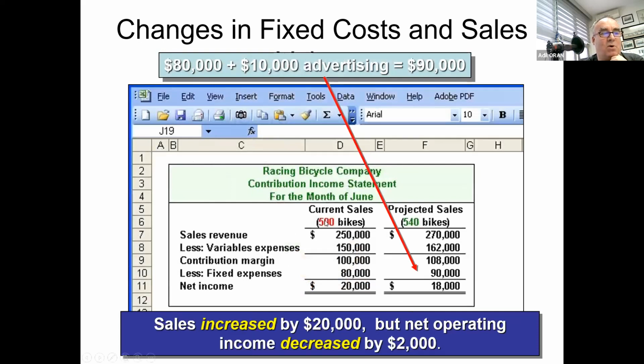So sales go from 500 to 540 bikes, revenue goes up, expenses go up, contribution margin increases by 8,000, but your fixed costs go up by that advertising expenditure of 10,000. So your net income actually goes down by 2,000. So I don't advise this company to undertake this advertising because it's not creating sufficient return, sufficient contribution margin. So don't do it. You'll be better off.